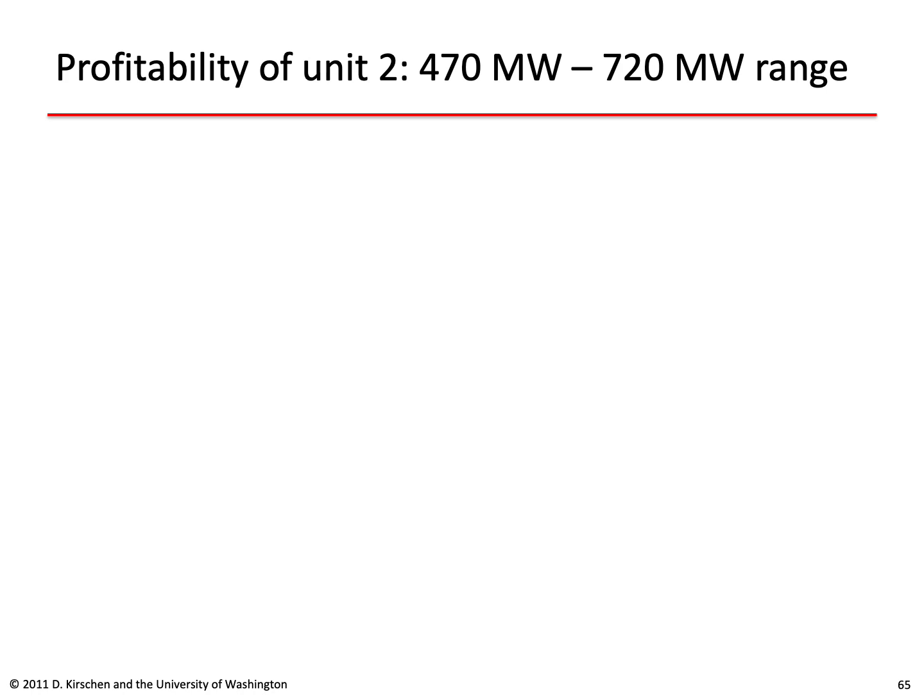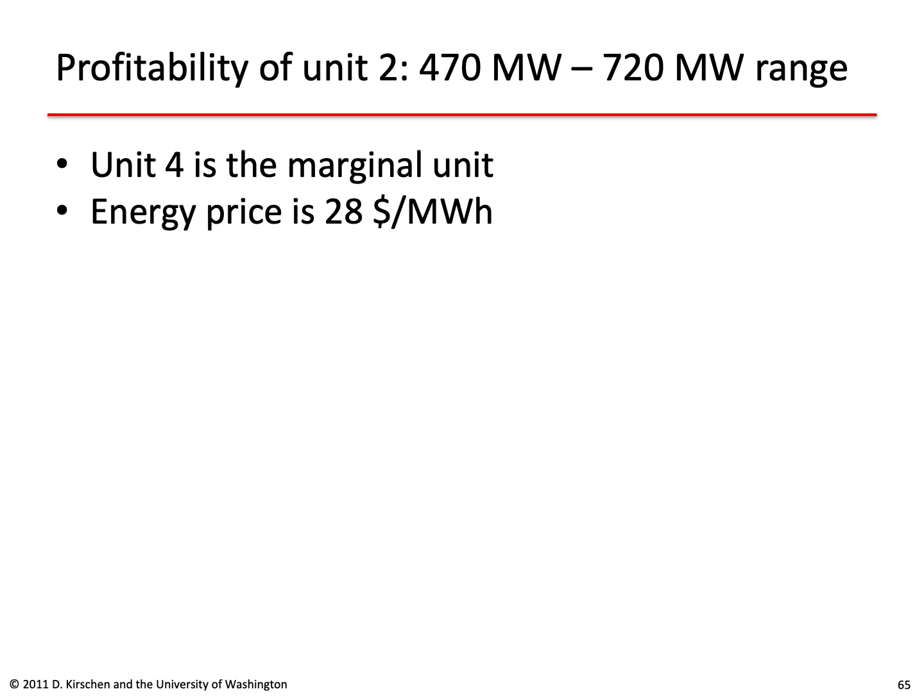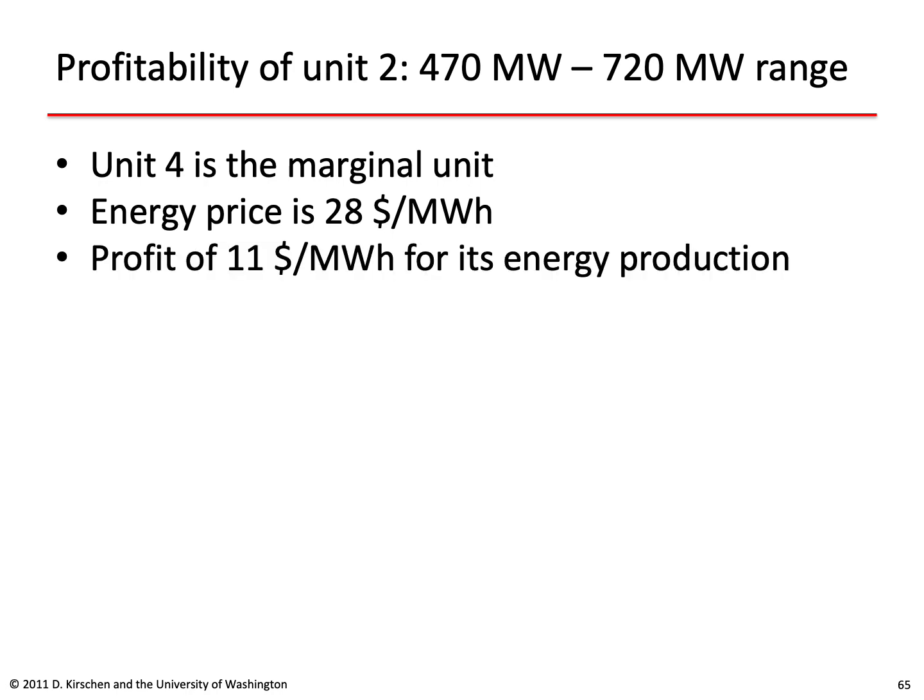Finally, let's look at the range of load between 470 and 720 megawatts. In this range, Unit 4 is a marginal unit, and the energy price is therefore $28 per megawatt hour. So Unit 2 makes a profit of $11 per megawatt hour for its energy production.